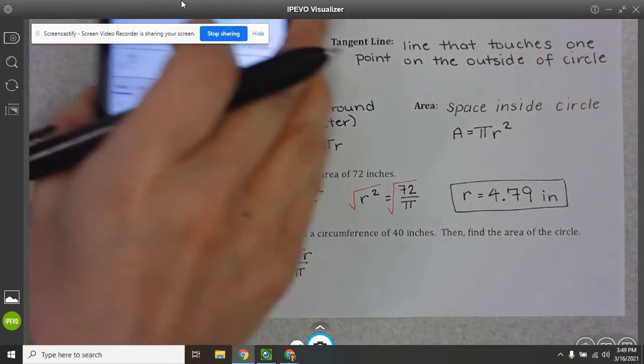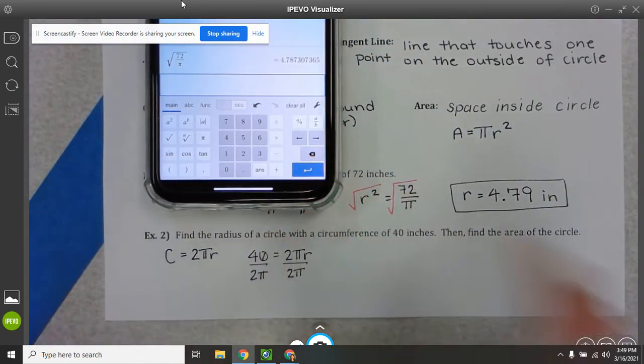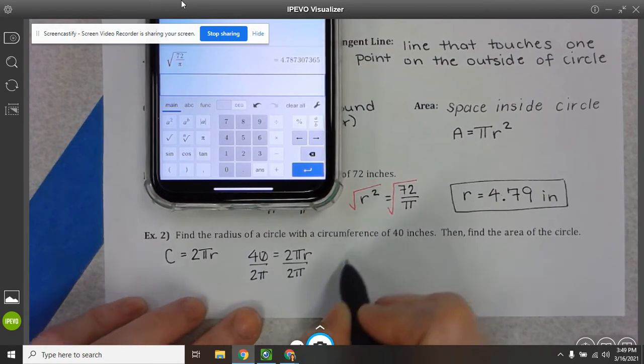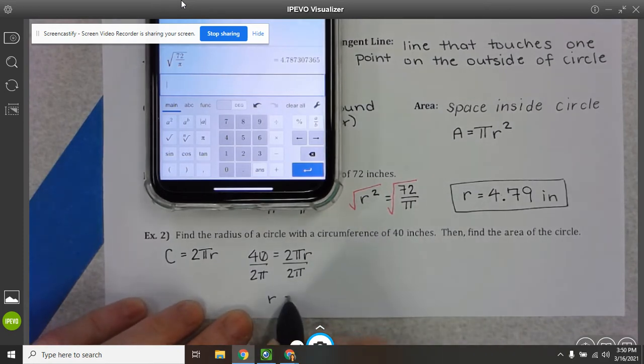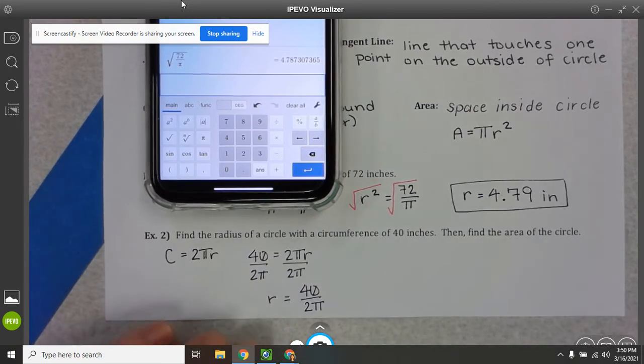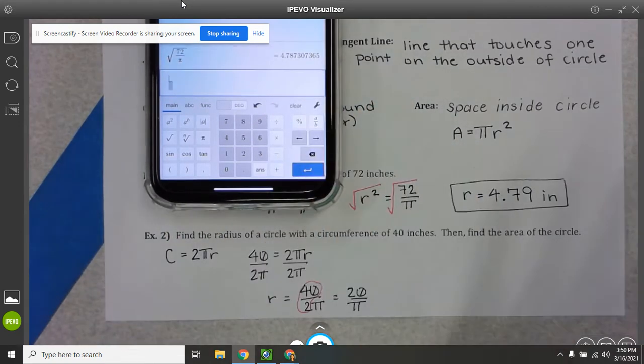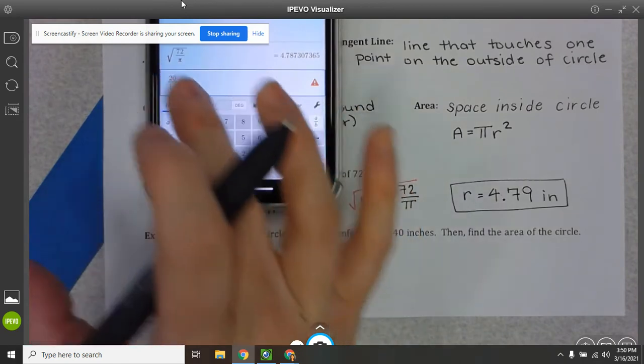Now, you can do this, again, all in one step. So I have our radius being equal to 40 divided by 2 pi. Or if you see that this right here will simplify, 40 divided by 2 is 20. So this is also equal to 20 divided by pi. Now that's not to say if you didn't see that you couldn't just do 40 divided by 2 pi. You would still get the same answer.